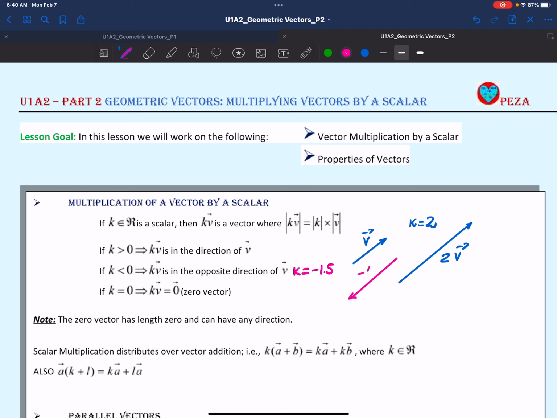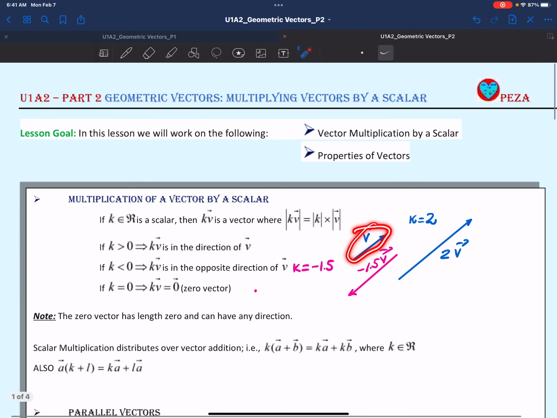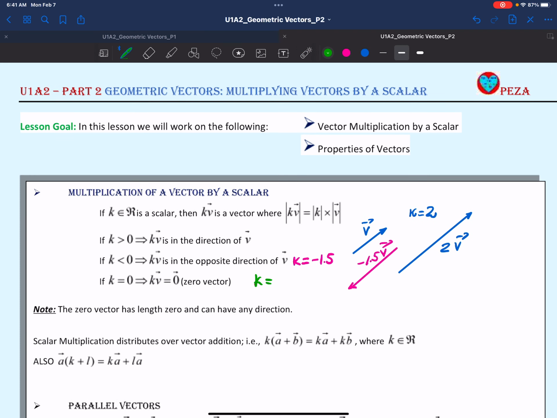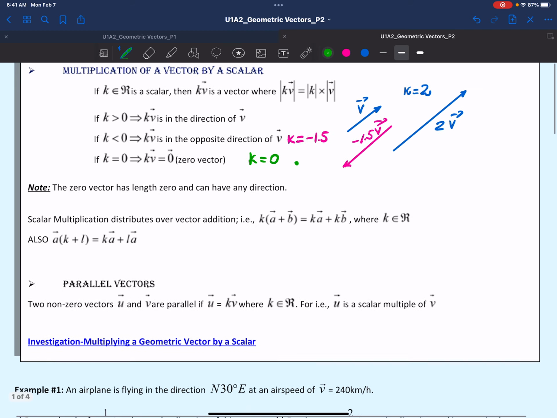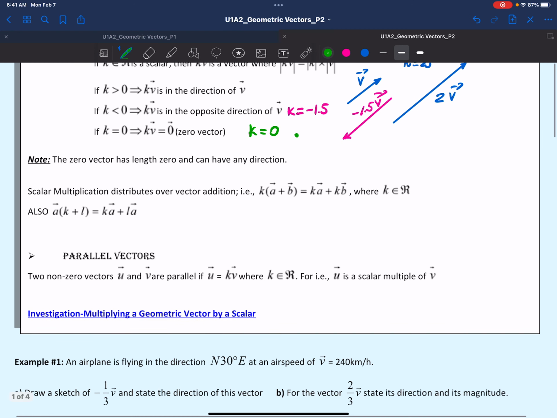So this would be negative 1.5 vector v. Now imagine k being 0. If you multiply anything by 0, the answer will be 0, which means that if we have a vector v and you multiply it by 0, then we'll get just a dot. Now, the 0 vector has a length of 0 and has any direction. So this is how we perform the multiplication of a vector by a scalar.